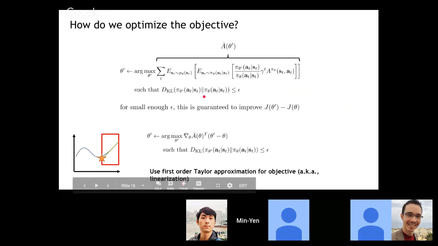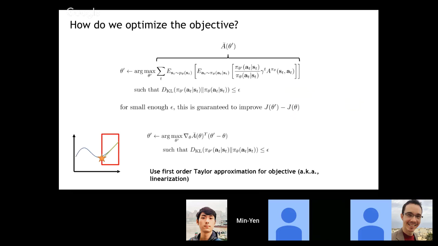So till now, what we did was we said that if we have a bound on our state probability distribution, then we can improve our theta if we have a bound on the two policy distributions.